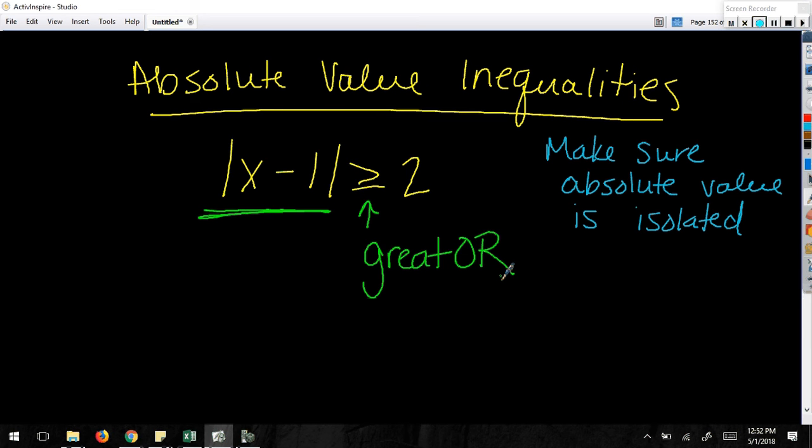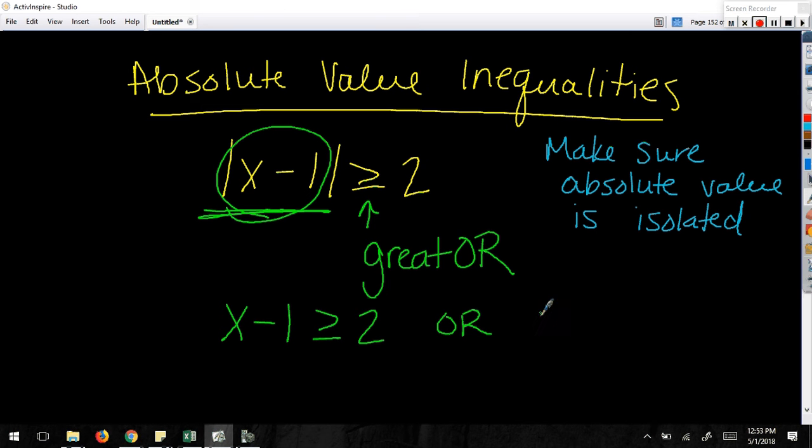To do that, I take what's in the middle, which is x minus 1, and I write it exactly the way it is right now, but I drop the absolute value signs. Then I write the word or. I do it again, but this time I flip both the inequality sign and the sign of the number that follows.